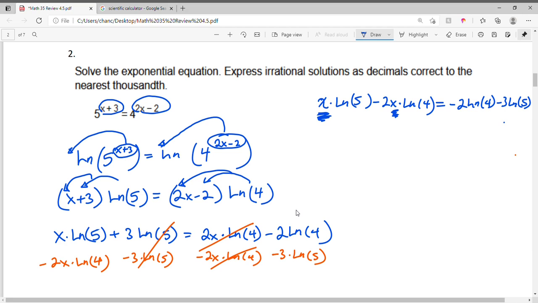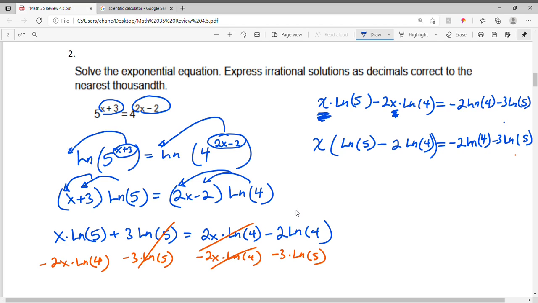Let's use factoring. This is x times the natural log of 5 minus 2 natural log of 4, equals negative 2 natural log of 4 minus 3 natural log of 5.